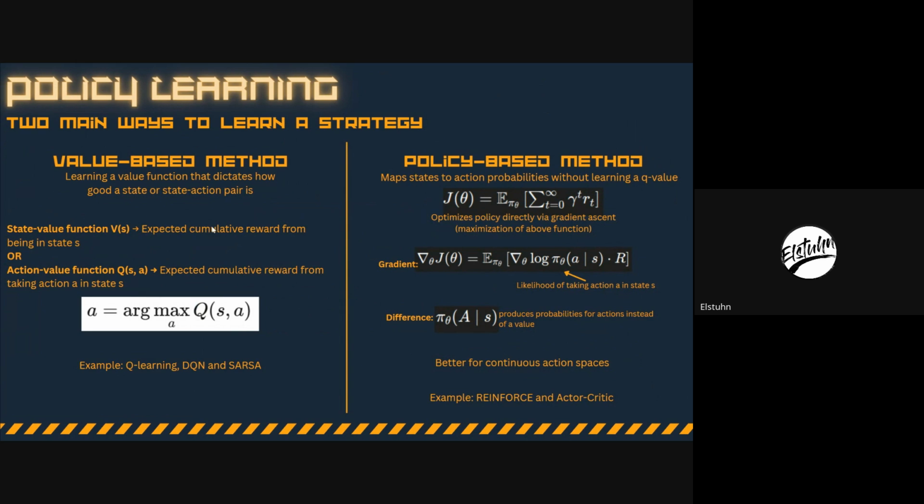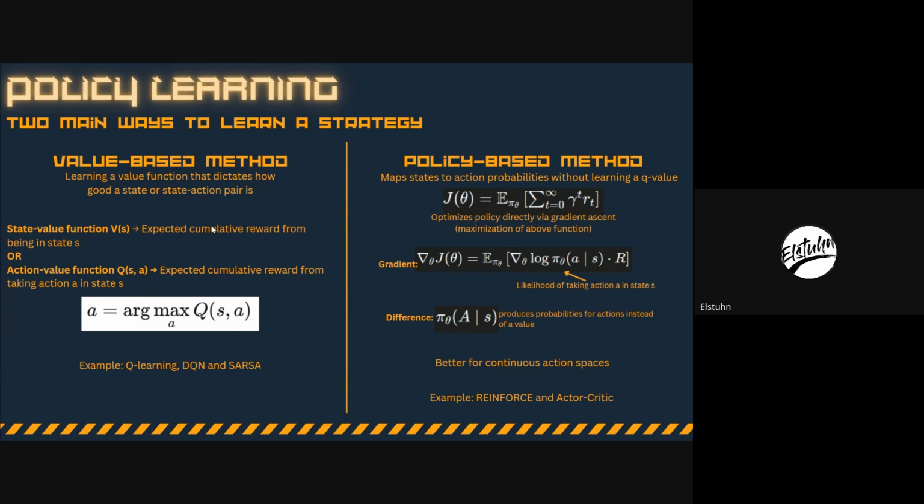What policy-based methods do differently from value-based methods is this: with value-based methods, we talked about providing a value to a certain state or providing a value to an action state pair. But a policy-based method doesn't assign a value, it assigns a probability. So it maps action probabilities without learning what values to assign to different states or action state pairs.